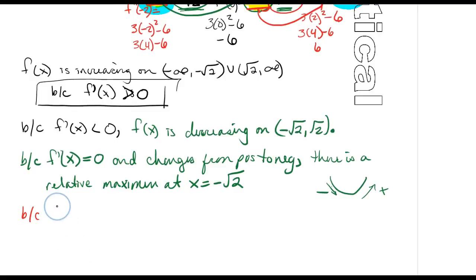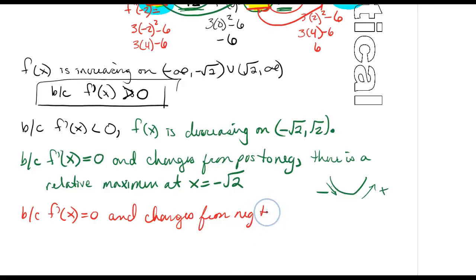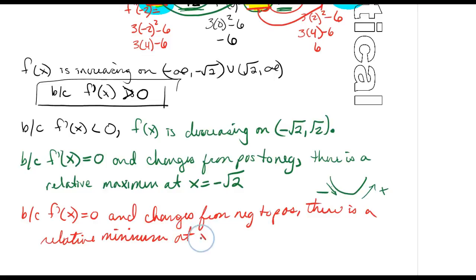So because f prime equals 0 and changes from negative to positive, there is a relative minimum at x equals positive radical 2.